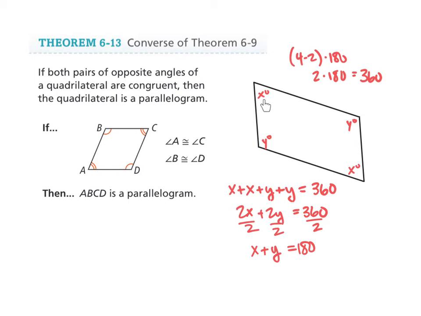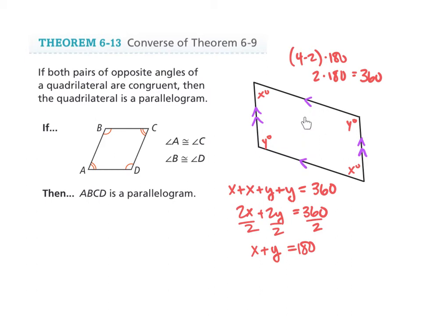If I take this x and I add it to this y, x plus y, it has to equal 180. And since those are, again, same side interior angles, then it tells me that this and this are parallel because these same side interior angles are adding up to 180. They're supplementary. But then if I say this x plus this y equals 180, that tells me that these two segments have to be parallel.